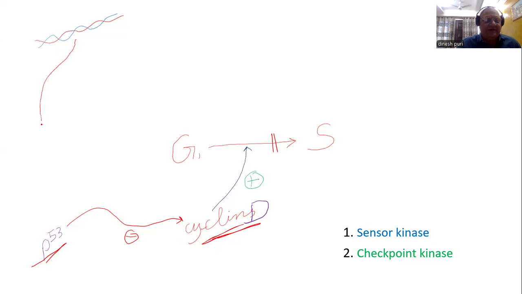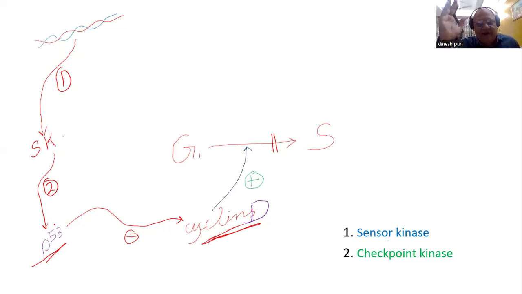I had omitted this. जैसे ही DNA damage होगा, some sensor kinases get activated. So sensor kinases further transmit the signal to checkpoint kinases, Chk2. And these checkpoint kinases cause stabilization of P53.